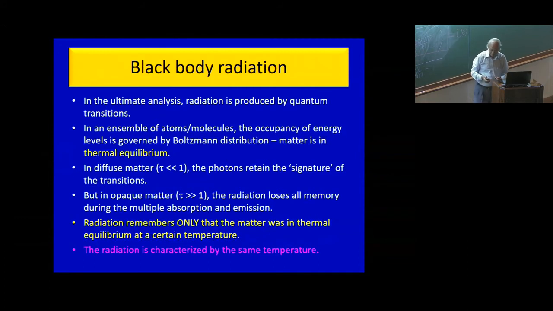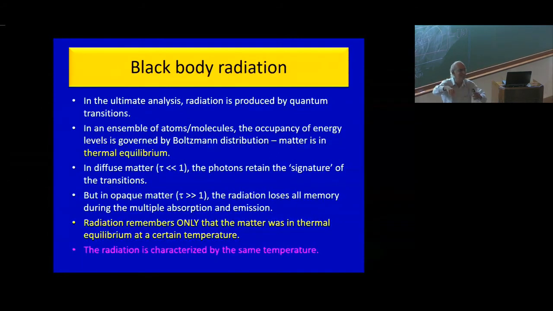Now, in diffuse matter, point number 3, where the optical depth is much less than 1, the photons retain their signature. So when I look at the radiation from this tube light, I know which atom emitted. I know which level to which level it jumped. I know what was the frequency and what was the polarization of the photon, because I can see that.